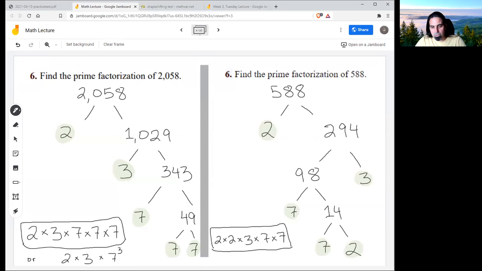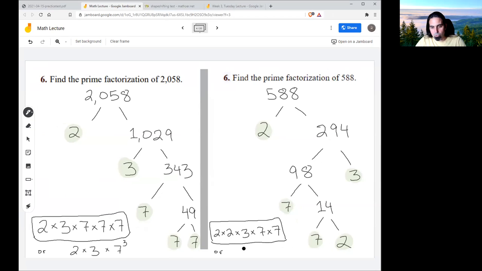If you liked it with the fancy exponent way, then you could write it as 2 squared times 3 times 7 squared. But we don't have to show off with exponents. Thank you. Well done.